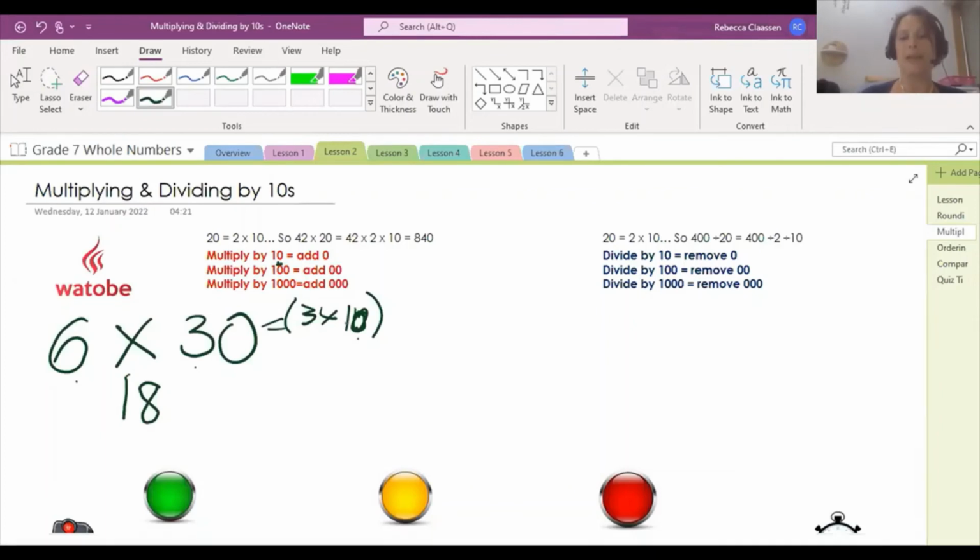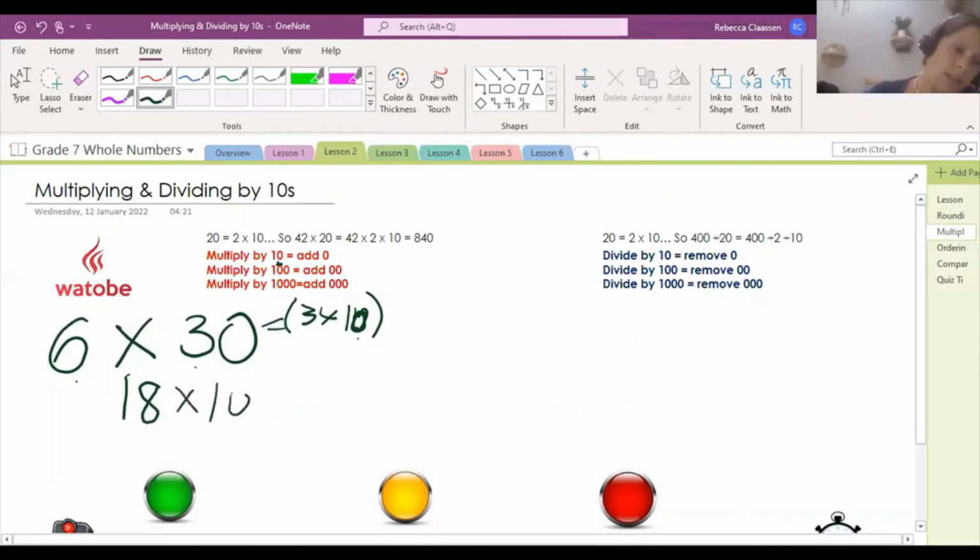I'm doing some expanded notation. So 18 times 10 is 180. My shortcut way is, because I'm multiplying by 10 and 10 has one zero, I just stick a 0 on the end of the 18. That's my shortcut method.